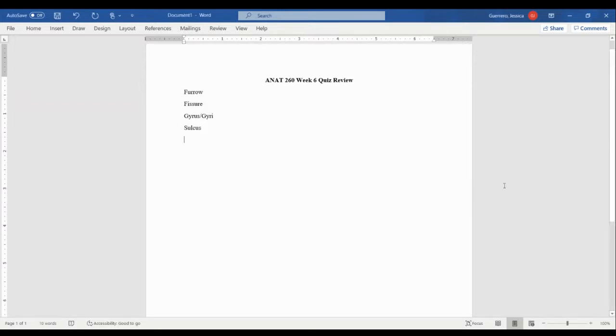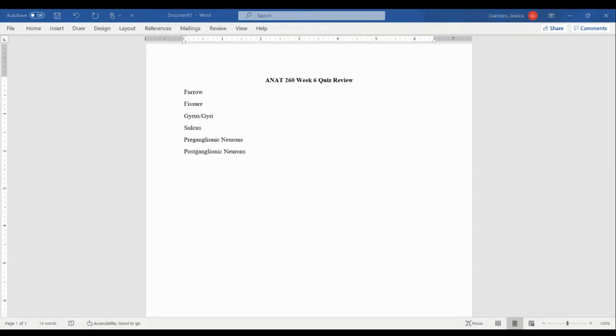You need to be familiar with preganglionic and postganglionic neurons. And if you look at the notes I provided, there is a good explanation.